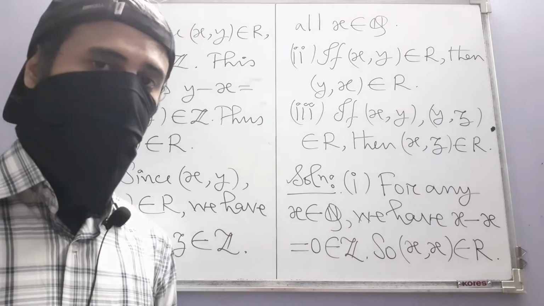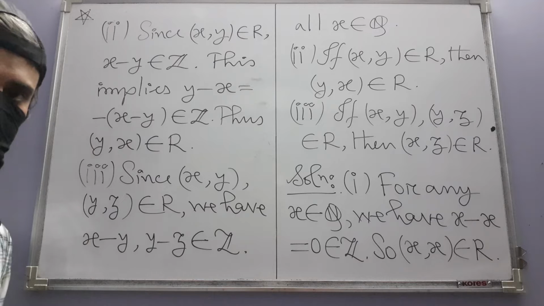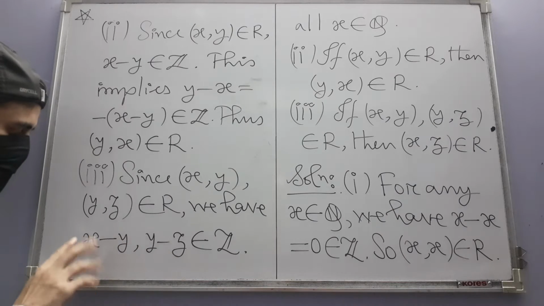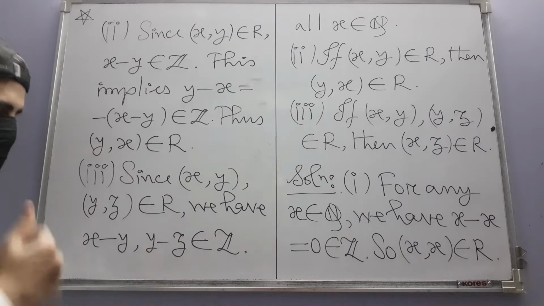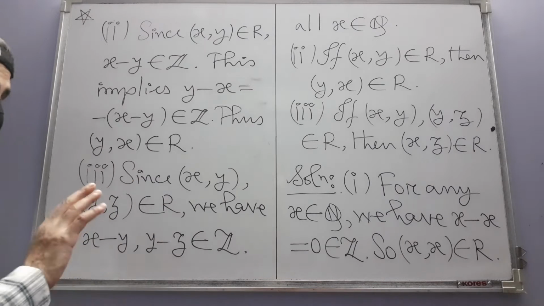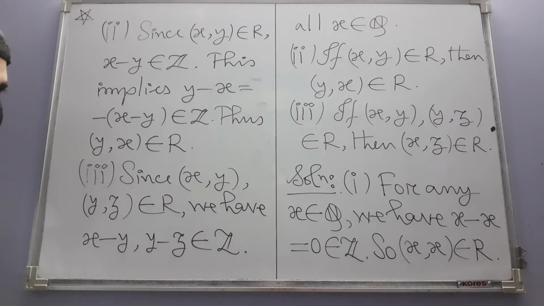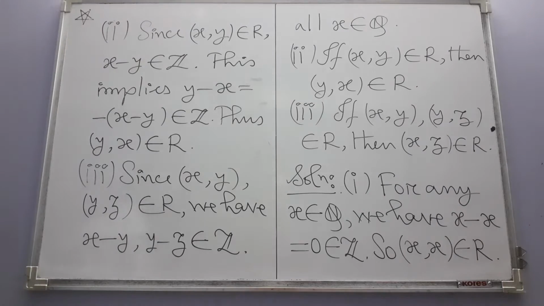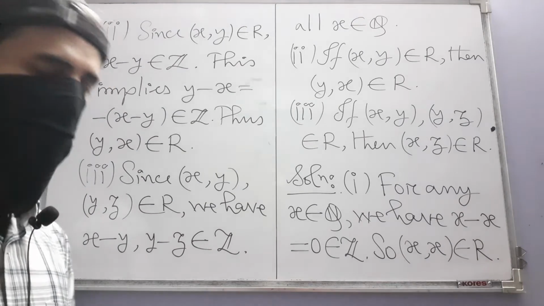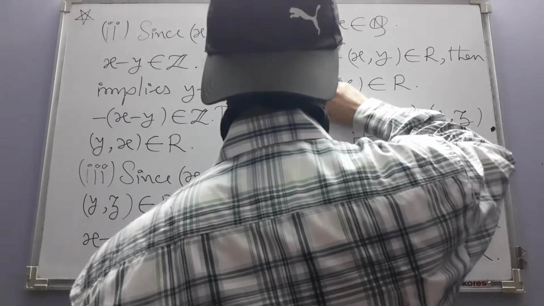But if you add two integers, and keep in mind that these conditions are not trivial, because we are not saying that x and y are integers. No, x and y are rational numbers, but their difference is an integer. If you ask me for an example of two rational numbers which are not integers, but their difference is an integer, I can give you this example.